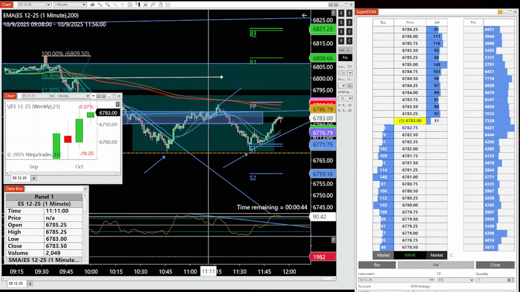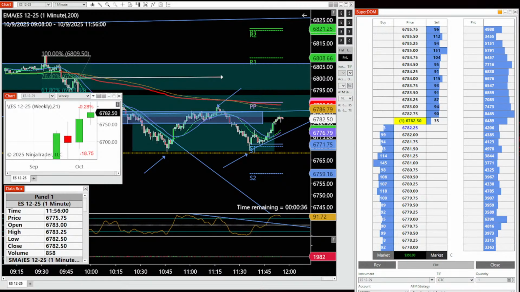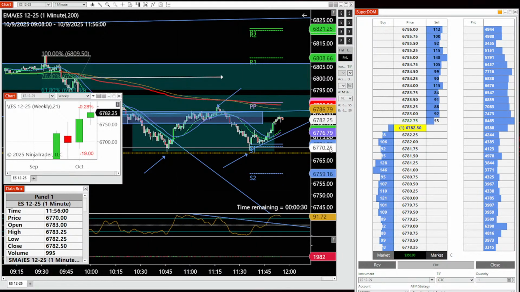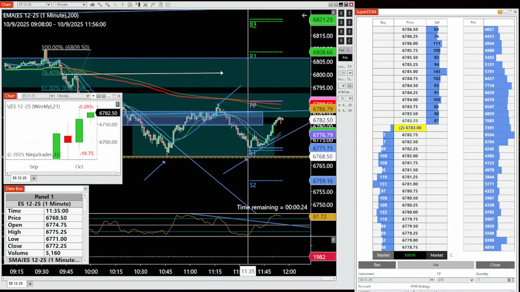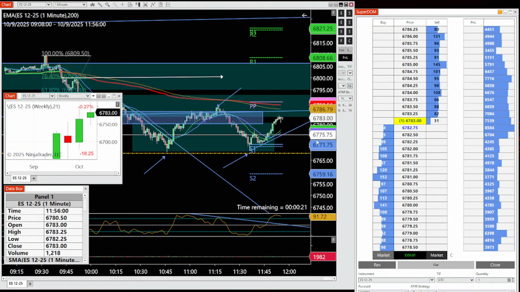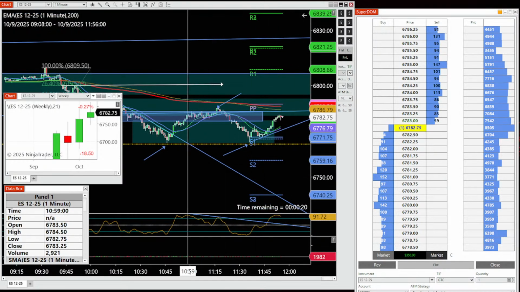82. Yeah, some resistance at 82 up here before. I know shorts were all in here. I don't want to get caught just on the short side.